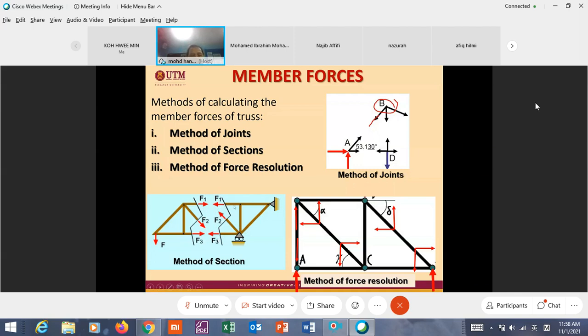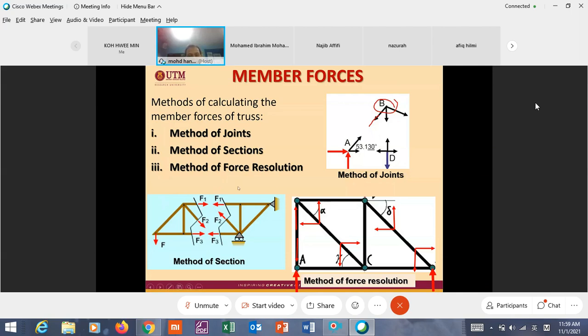So this is useful when you have a very long truss, for example maybe 50 members or maybe 50, 100 joints. But you may only need to know the member with maximum force in the middle of the truss. So we just cut here, and then you can determine the member forces for that extreme or largest value.